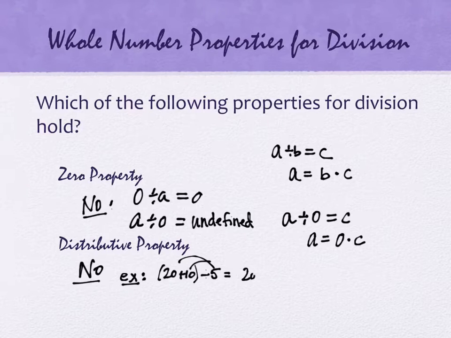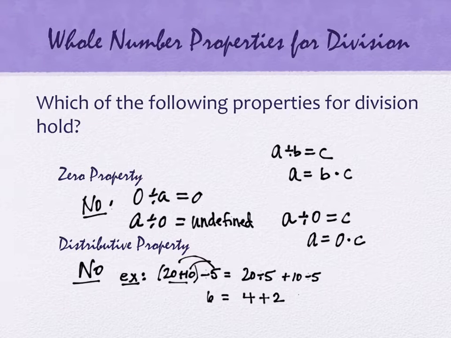So 20 divided by 5 and 10 divided by 5. Okay, so what is 20 plus 10? 30. And 30 divided by 5 would give me 6. What's 20 divided by 5? 4. And 10 divided by 5? 2. So does it work on this?